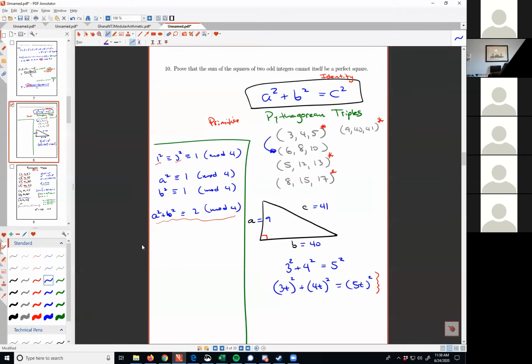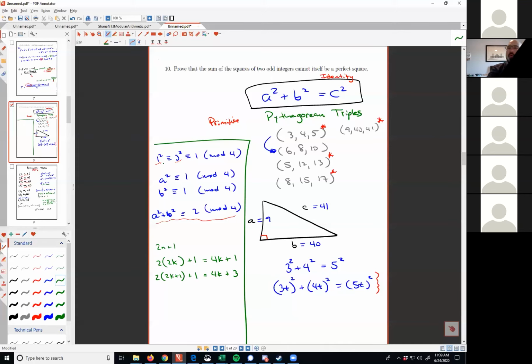An odd number can be written in the form 2n plus 1 for some integer n, and I'll take 2 cases. n is either an even number, in which case I can write it as 2k, and we get 4k plus 1, which is 1 mod 4, or I can write n as 2k plus 1 if n is odd, and then we get 4k plus 3. So yeah, an odd number is either 1 or 3 mod 4.